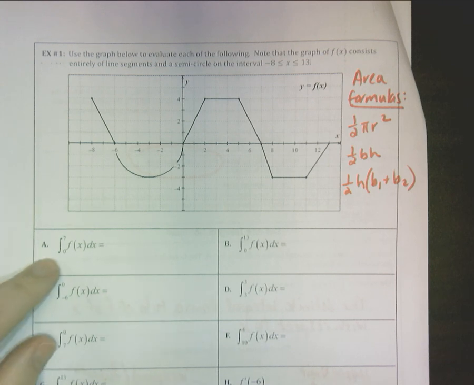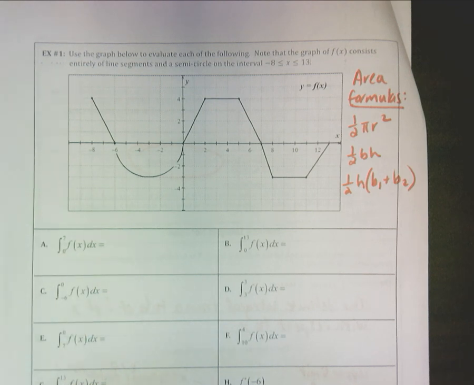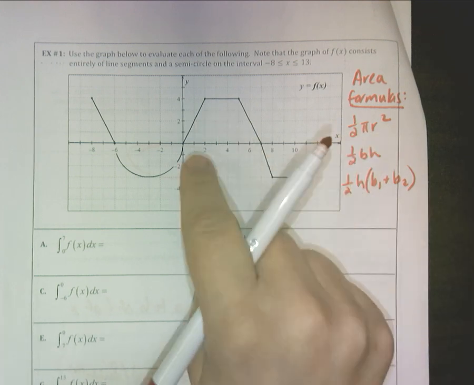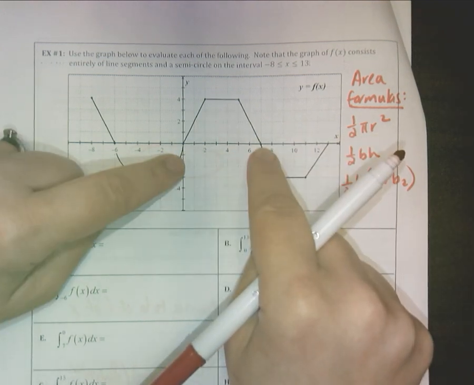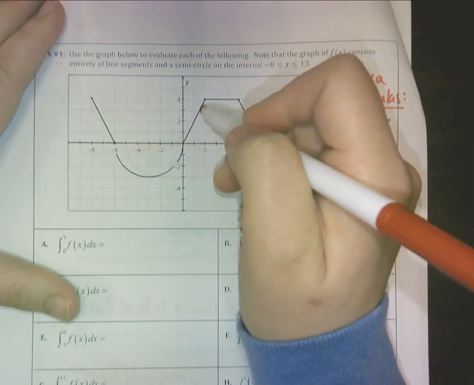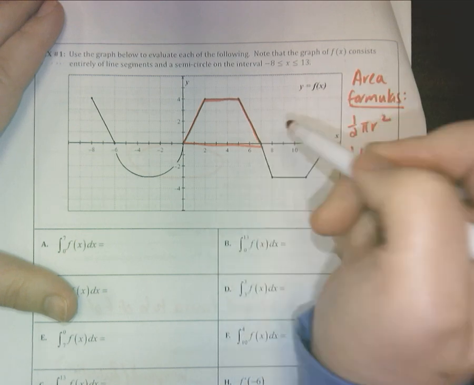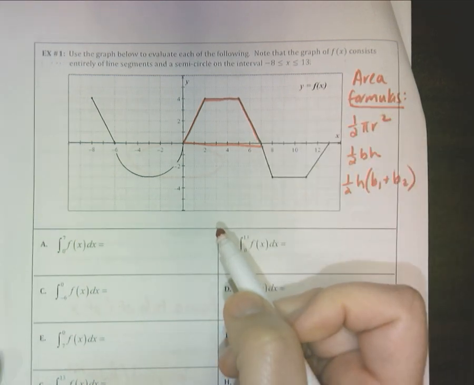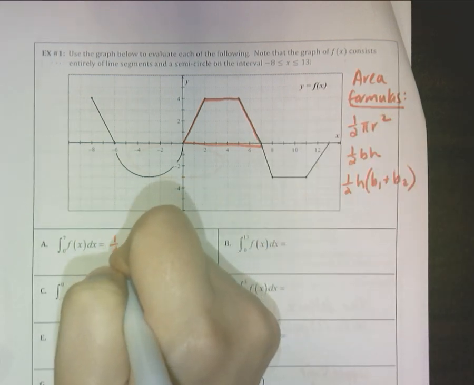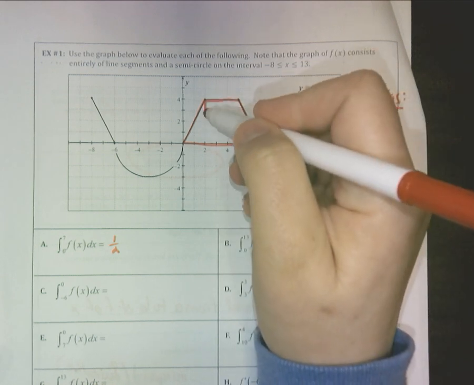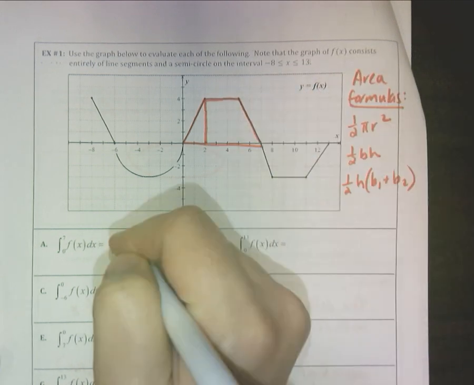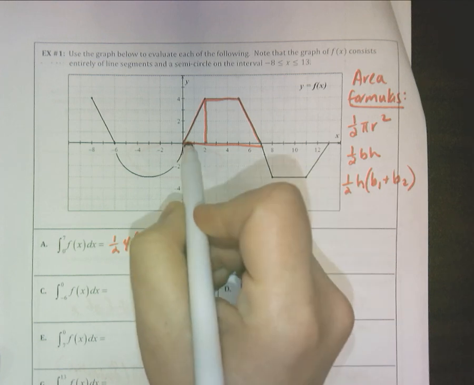So this first one, A, the integral from 0 to 7 of the function. Come with me and let's look at 0 to 7. Well, that looks like this trapezoid right here. To find the area for a trapezoid, I do half times the height, which would be 4, times base 1 and base 2.